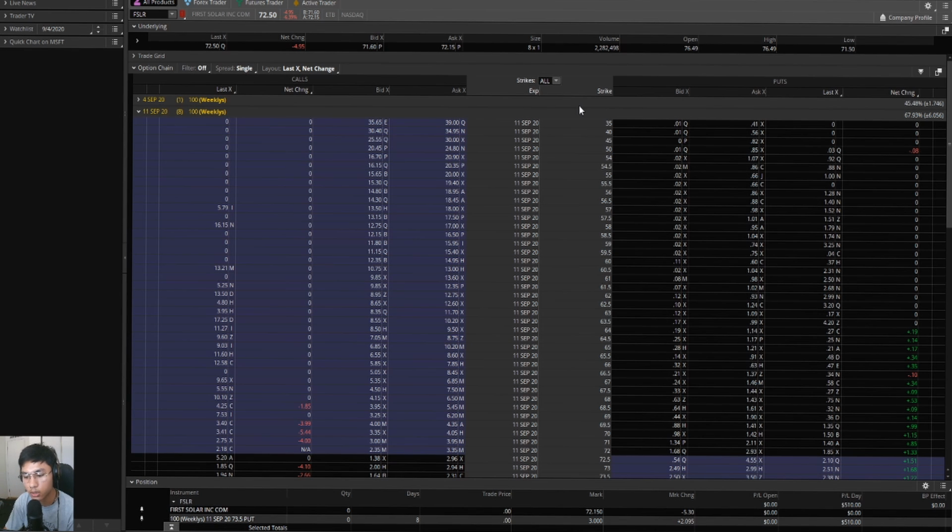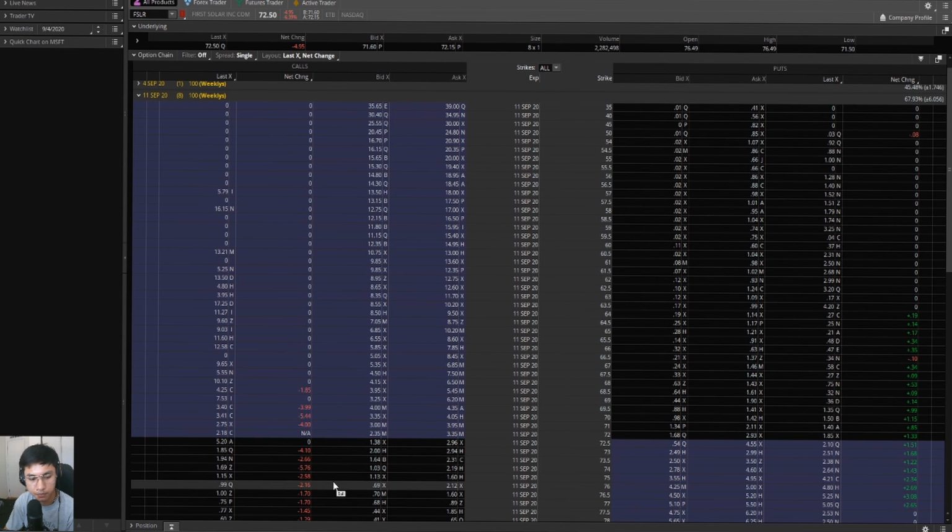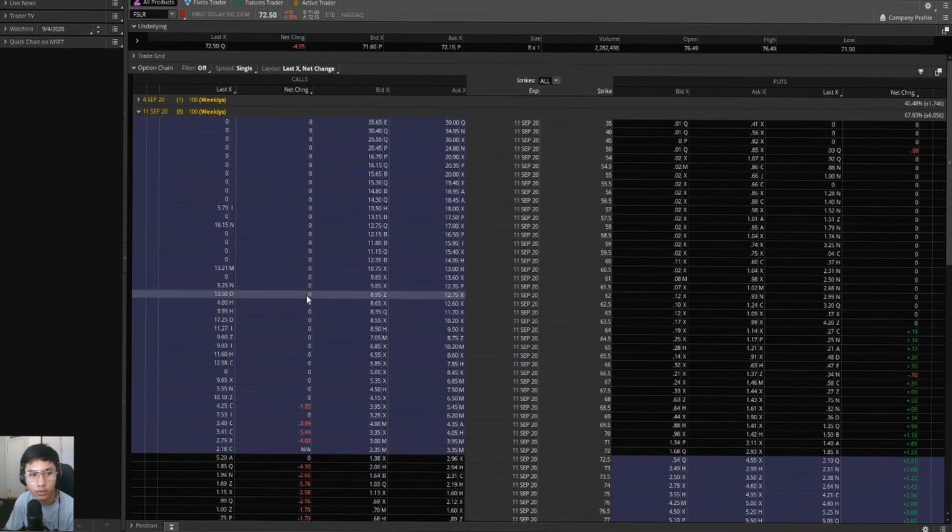For example, in this example, tomorrow is Friday, so I can't buy this one, because of the five factors that affect the option's price: expiration date, underlying stock price, implied volatility, and two others, interest rate and some not so significant things. The significant ones are implied volatility, expiration date, and underlying stock price.